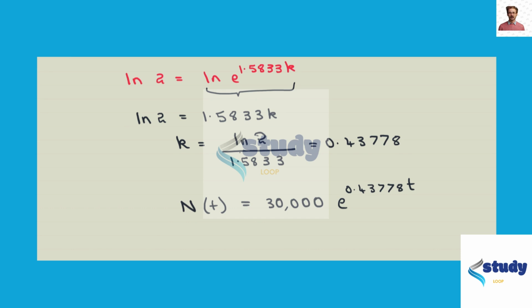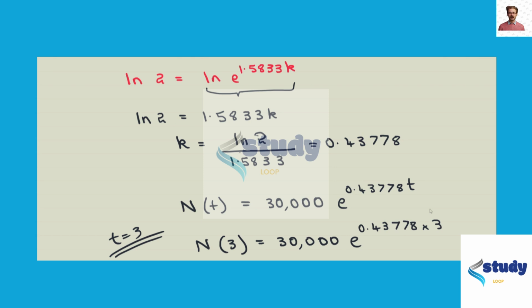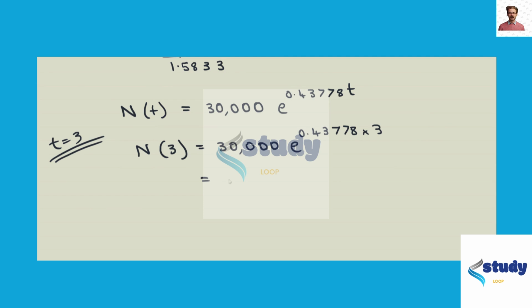To find the population after 3 years, we take t equal to 3, so n of 3 is equal to 30,000 times e to the power of 0.43778 times 3.